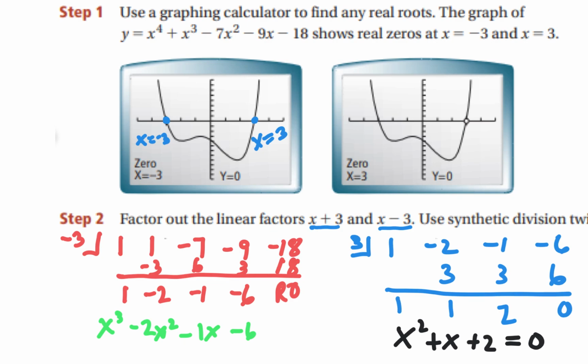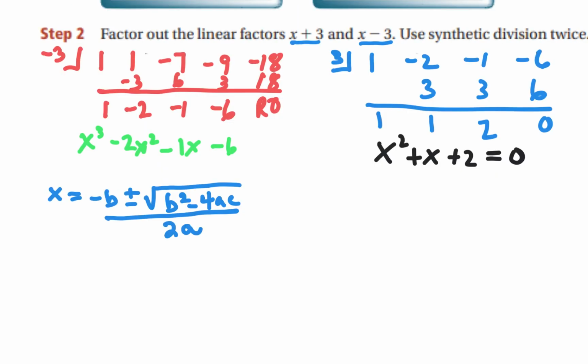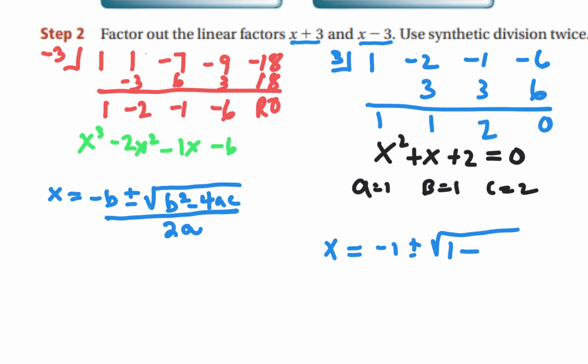You notice that these two answers are not irrational, they're going to be complex numbers. There's actually going to be 2 complex numbers. So we're going to go ahead and find the 2 roots. So we have a equals 1, b equals 1, and c equals 2. So let's go ahead and use the quadratic formula. So we have x equals -1 plus or minus square root 1 minus 4 times a, which is 1, times c, which is 2, that's 8, divided by 2 times 1, which is 2.